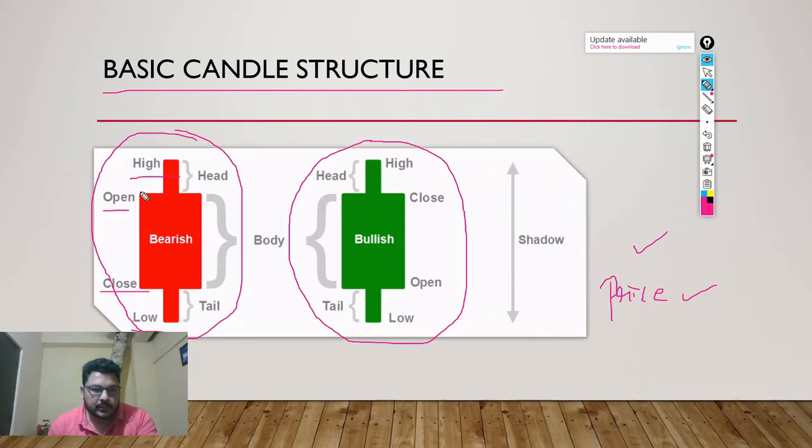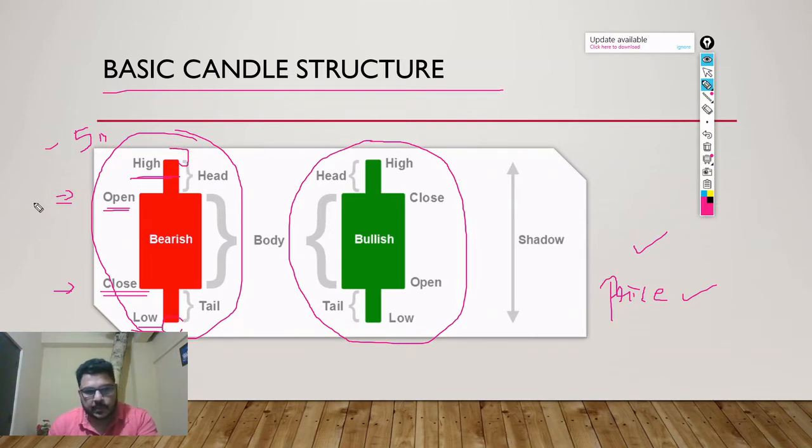If you see, there are four components to any candlestick. One is open, close, low and high. Open is the price at which, if you are using a 5-minute candle, the 5-minute candle opened, and at the end of 5 minutes it closed at this price, and during the 5 minutes it has created a low and a high.